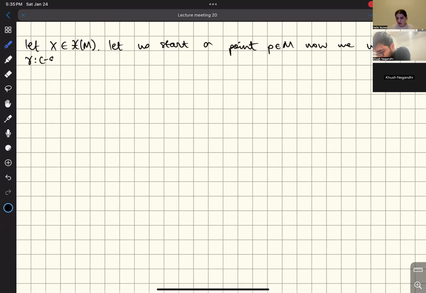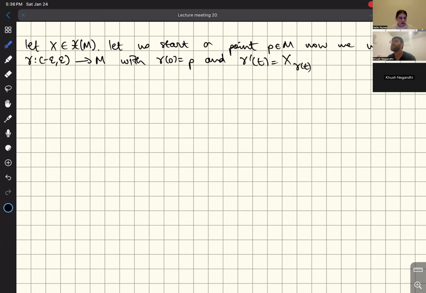And this might exist for only some small amount of time, so let's keep that in. And it has the property that we start at the point P, of course, and that our velocity at the point zero, actually at any point, not just the point zero, is just the vector field at that point on the manifold.